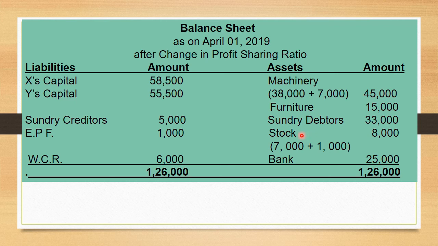When we increase the value of stock by rupees 1,000, we will get 8,000 as stock. Now bank balance will remain as it is at rupees 25,000. In total, we will get 1,26,000.